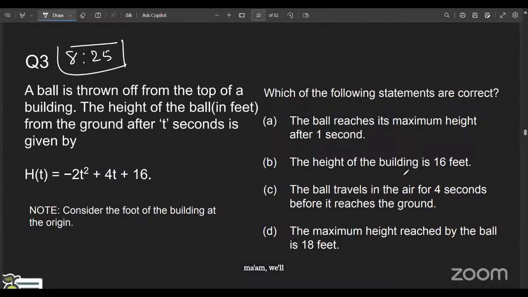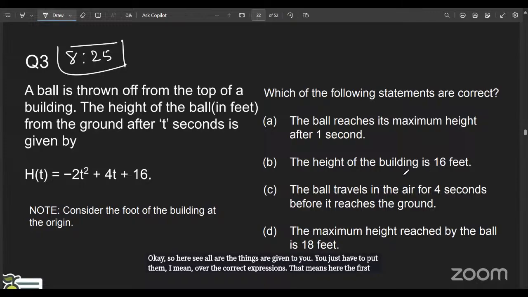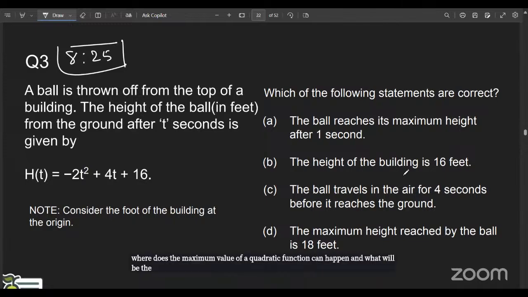Okay. So here, see, all the things are given to you. You just have to put them over the correct expressions. That means here the first thing given is that the maximum value of the function is -3. So you have to figure out where the maximum value of a quadratic function can happen, and what the coordinate or the conditions will be there, right? And then the axis of symmetry is given to you.